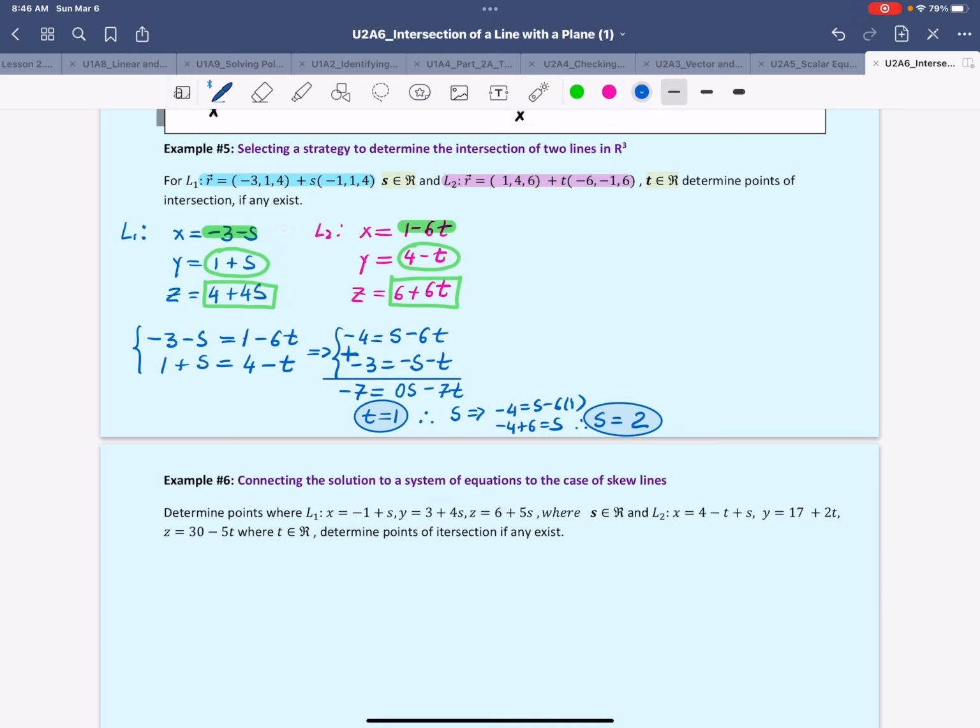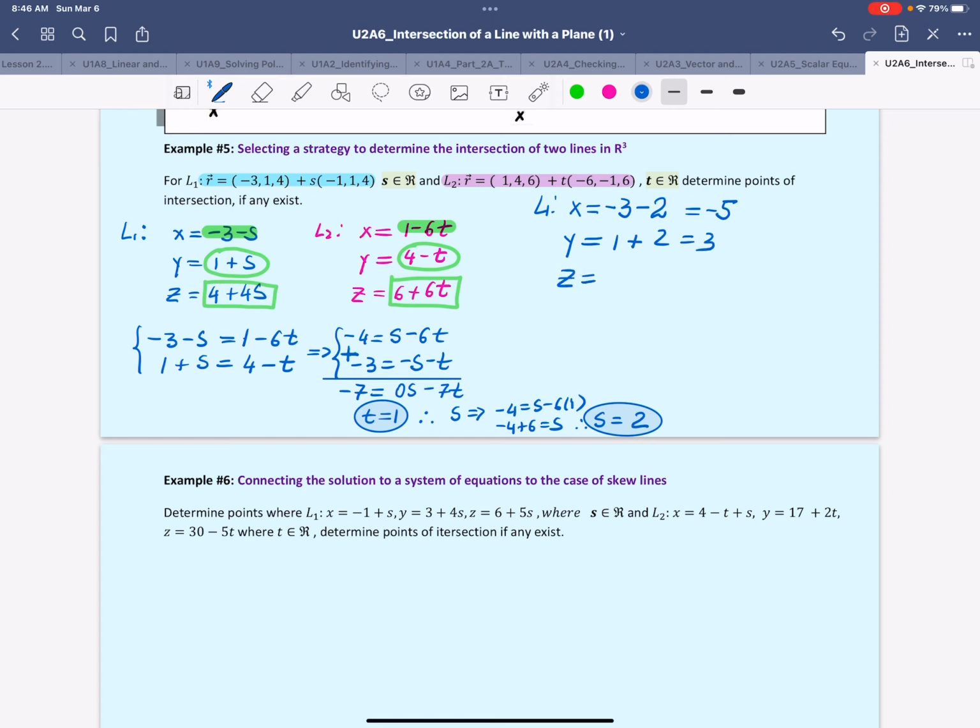So for line L1, we'll have the x-coordinate equal to negative 3 minus s. So negative 3 minus s means negative 3 minus 2. So that would equal negative 5. And the y-coordinate will be 1 plus s, so 1 plus 2, that's a 3.